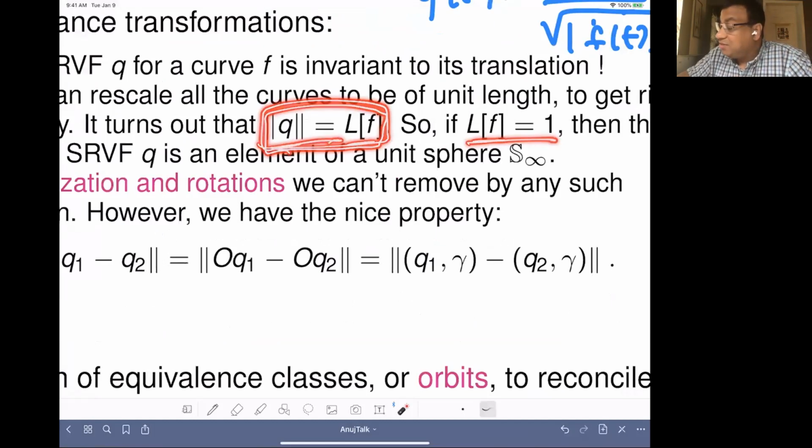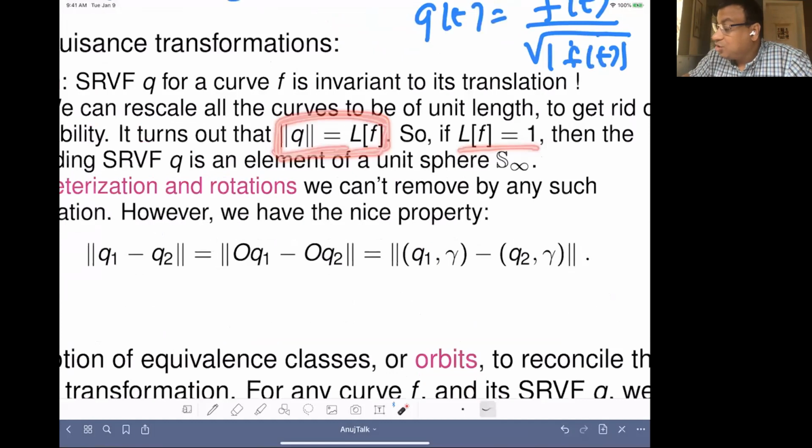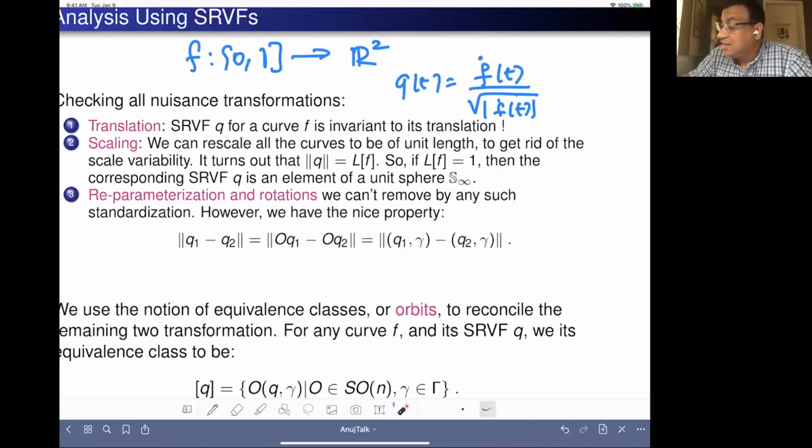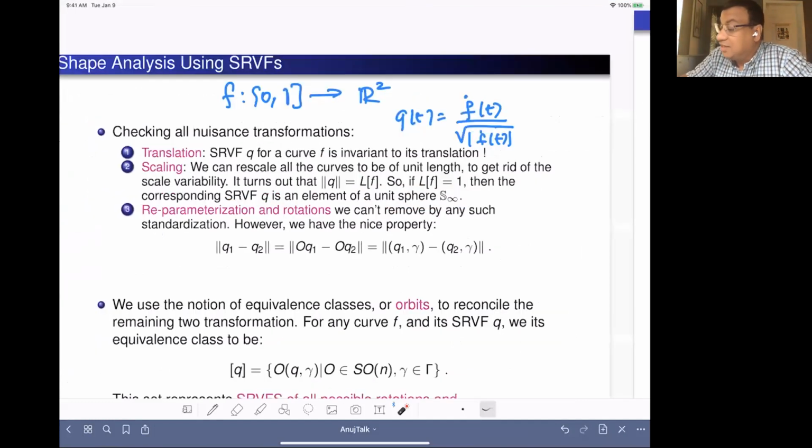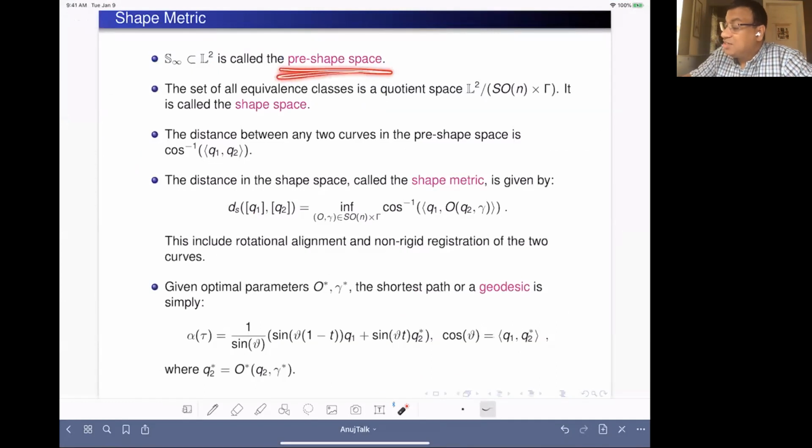So if you're working with functions whose L2 norm is 1, that means we are only working in a unit sphere. We are not working with a full L2 space. We have restricted ourselves to only those functions whose norm is 1. So they are in a unit sphere, and this unit sphere is called a pre-shape space.